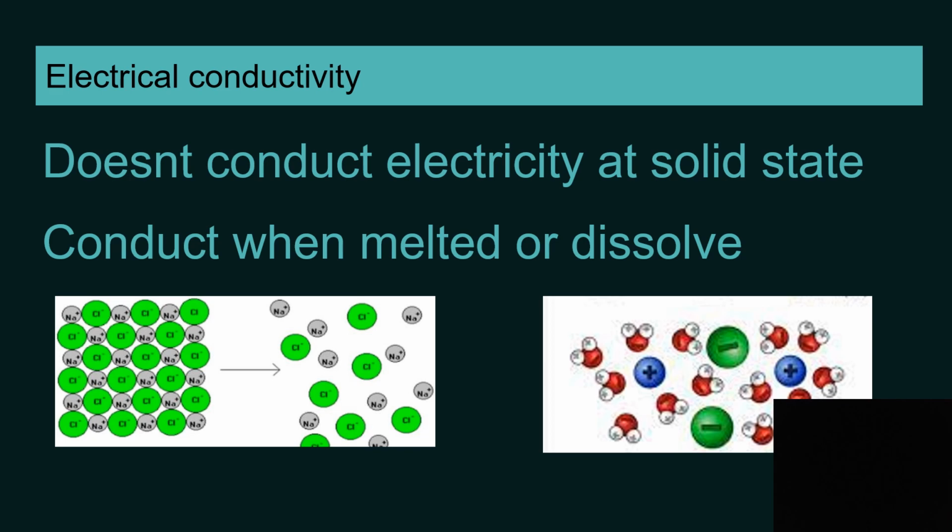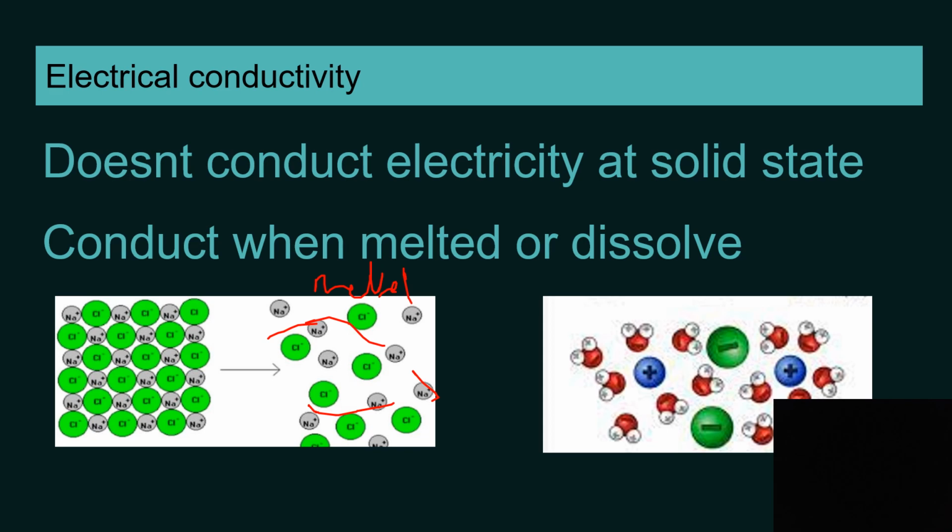Therefore, the electrons between them cannot move, and therefore they cannot conduct electricity. However, when they are melted, which destroys the lattice structure, as we can see here in the melted form, the ions detach from each other, and therefore the electrons can move through, and that leads to electrical conduction.